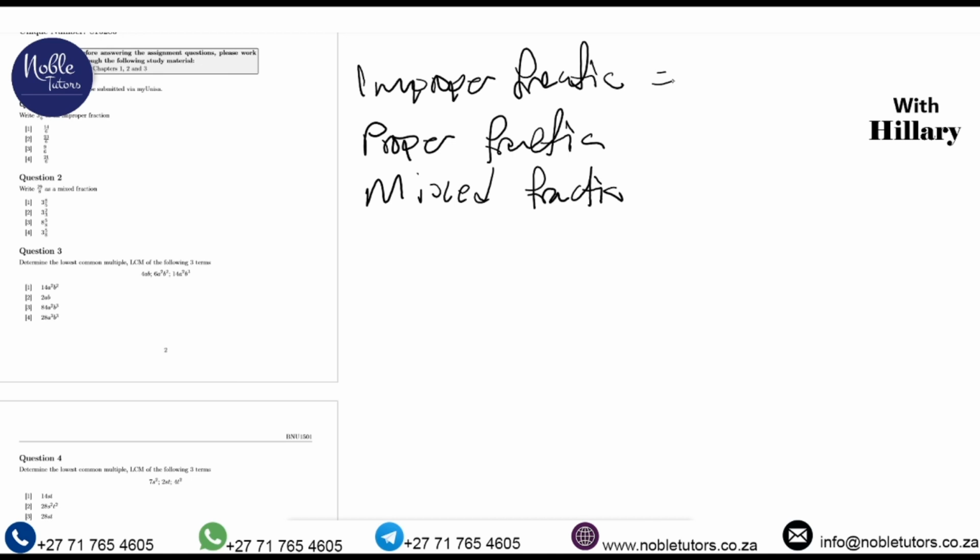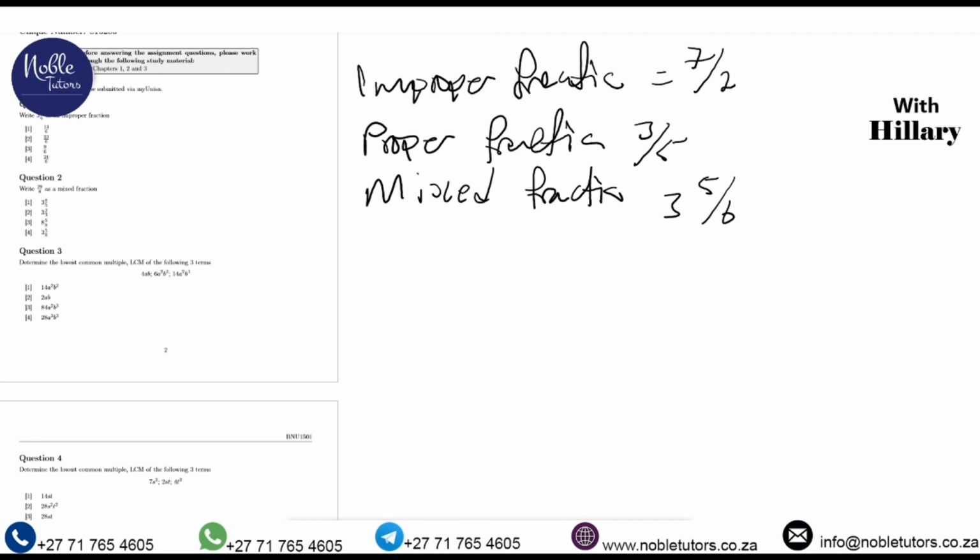An improper fraction is when we have, for example, 7 over 2. A proper fraction is when we have, say, 3 over 5. And a mixed fraction is when we have 3 and 5 over 6. So these are the examples of fractions that we have.